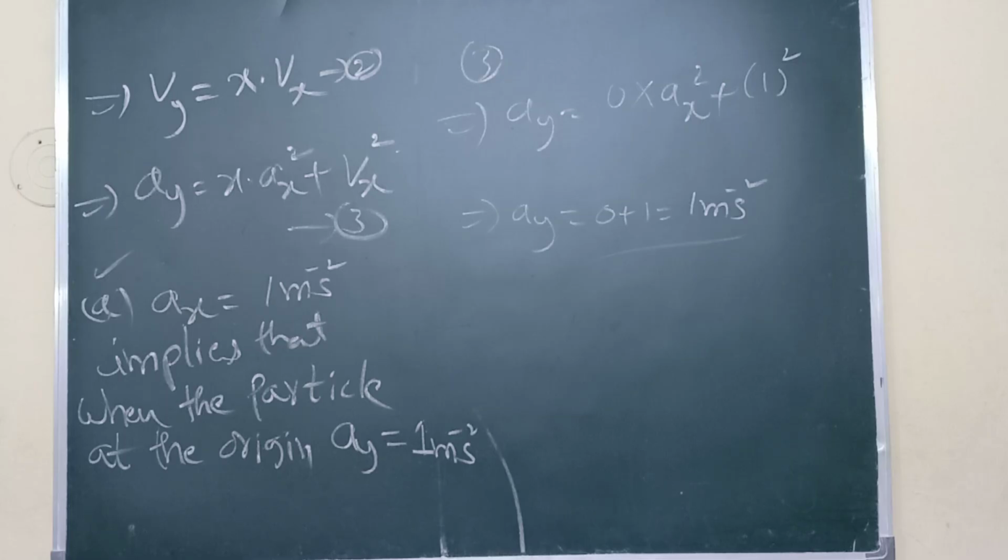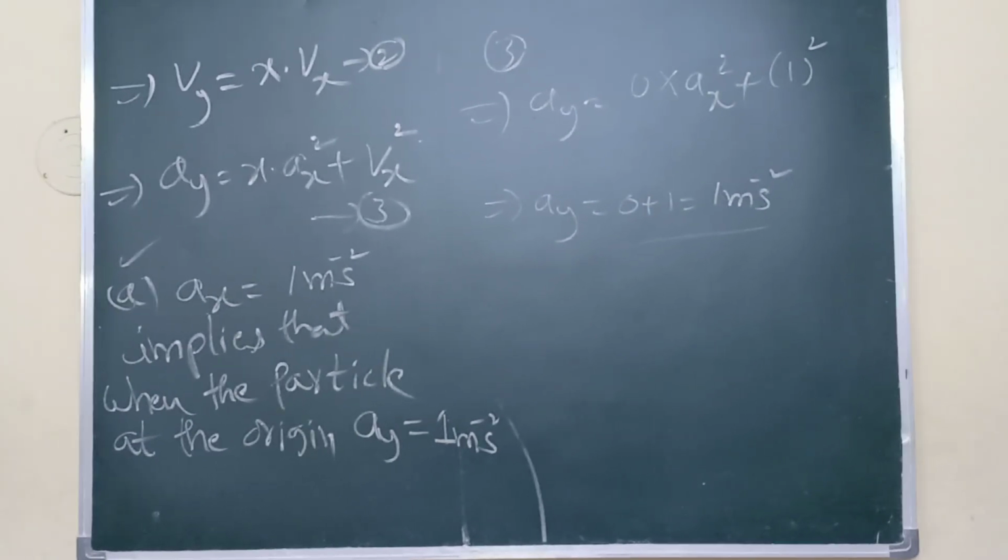So here Ax equal to 0 given. Then what are we finding? Ay value finding. So Ax Ay relation. Now you go to second one. What is the second one?